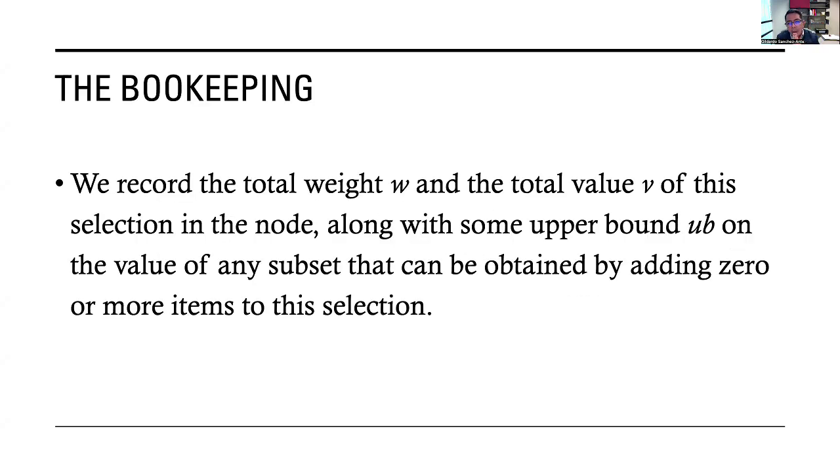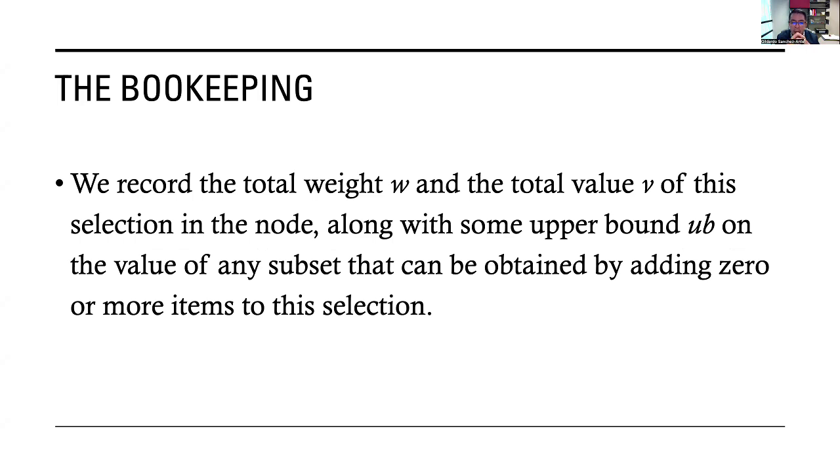Now, we will need to perform certain bookkeeping. We will record the total weight W and the total value V of the selection in the node that we are exploring.